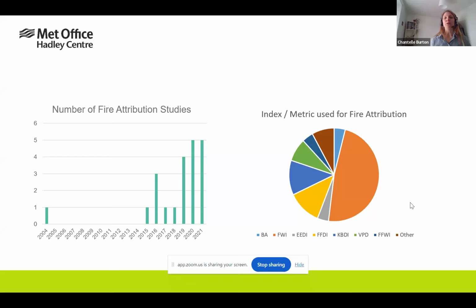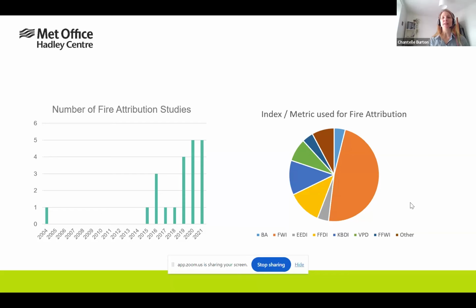So for example, the plot on the right-hand side shows a number of studies that have used different applications or different representations of fire. A few actually try to look at burned area, but others feel that it's perhaps too complicated to focus on all of the elements of fire.